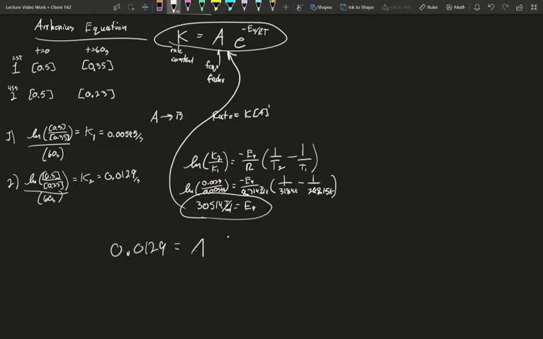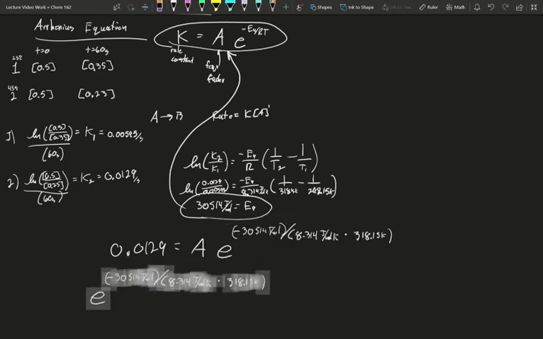That's going to equal A e to the negative 30,514 joules per mole divided by, and this is all in the exponent, 8.314 joules per mole Kelvin times the temp for that run, which was 318.15 Kelvin.